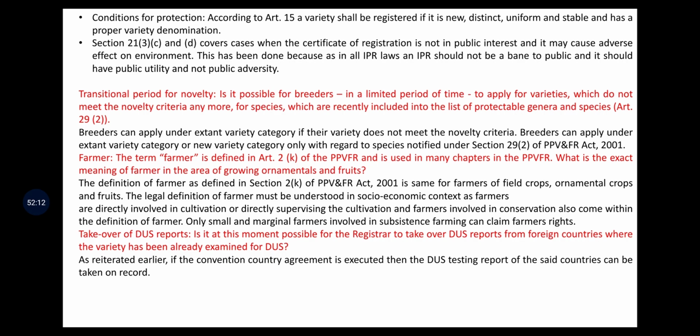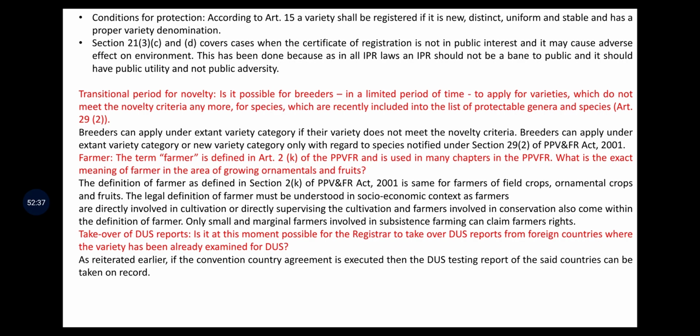Next question is farmer. The term farmer is defined in Article 2(k) of the PPV&FR Act and is used in many chapters in it. What is the exact meaning of farmer in the area of growing ornamentals and fruits? Here, the farmer of field crops, ornamental crops and fruits is the same.